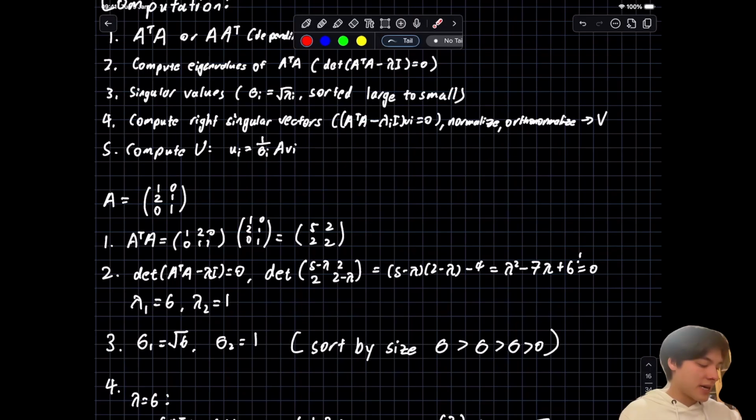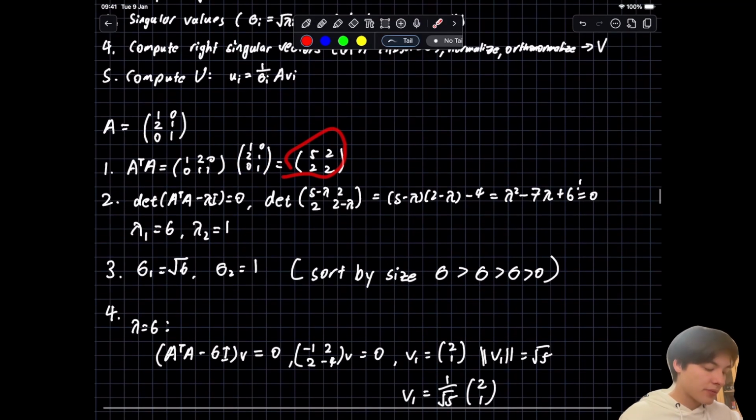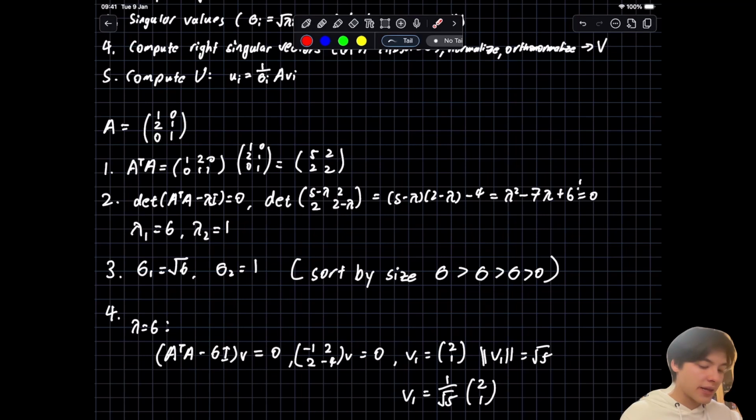Let's look at an example so you know more what it does. We take A transpose times A, and we get this. We find the eigenvalues of this. So we do minus lambda, and we get our characteristic polynomial.